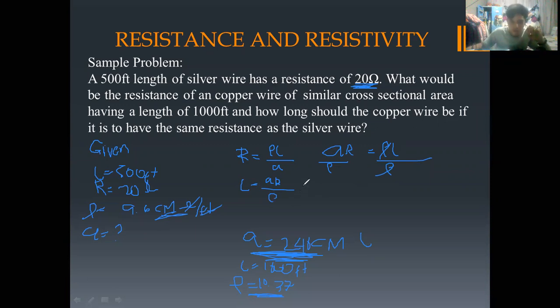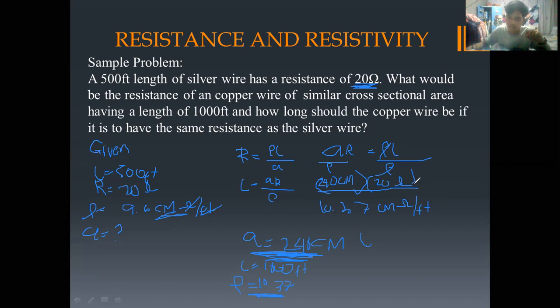So, substitute lang natin. Meron tayong area which is 240 CM. Tapos, multiply natin sa resistance, which ito yung 20 ohms, over dun sa resistivity natin, which is 10.37 CM-ohms per foot.